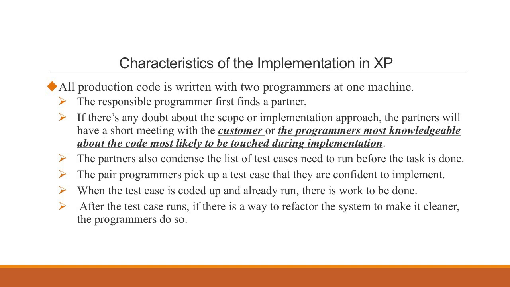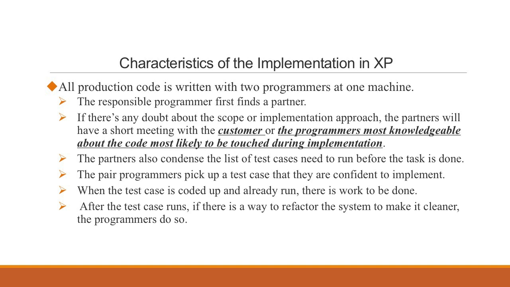If there's any doubt about the scope or implementation approach, the partners will have a short meeting with the customer or programmers most knowledgeable about the code most likely to be touched during implementation.